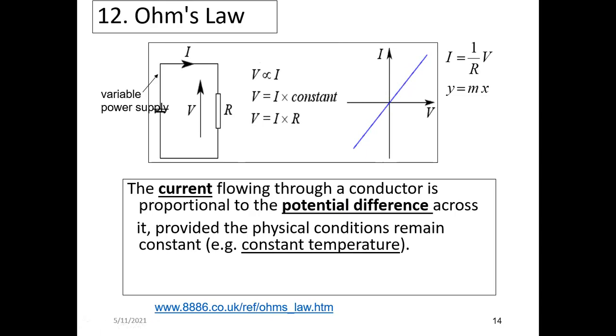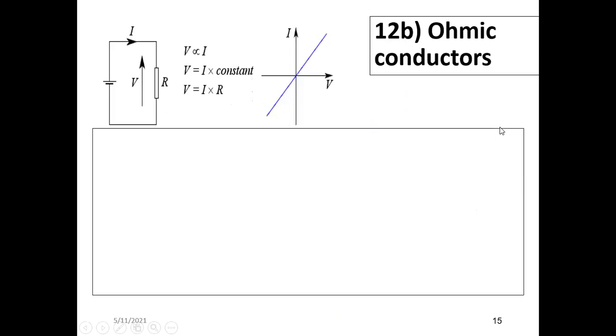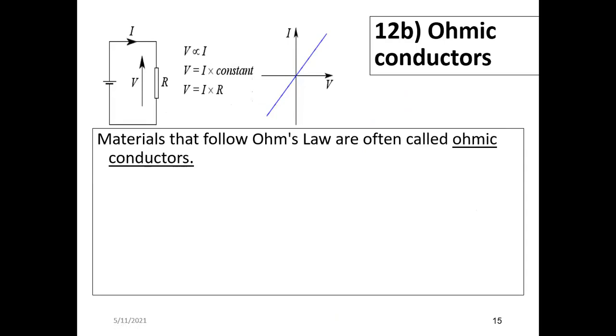So we can rewrite our equation for resistance, that is V equals IR. Rewrite that, making I the subject, taking R to the other side. We get that the gradient gives 1 over R. An ohmic conductor is any material that obeys Ohm's law, usually a wire.